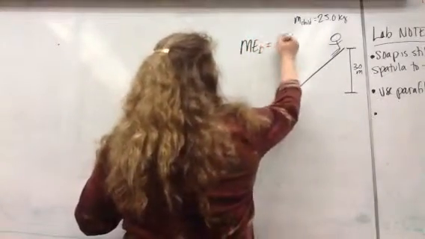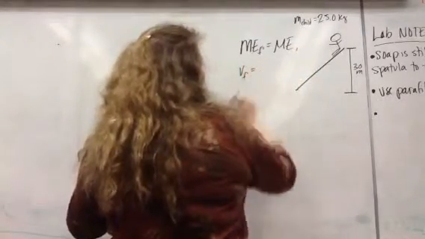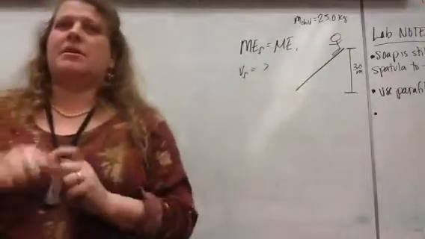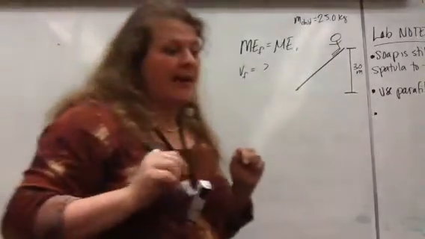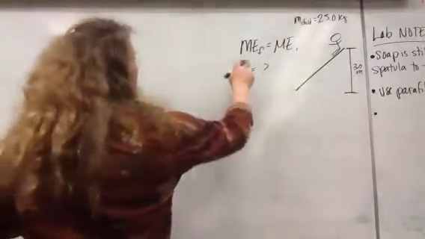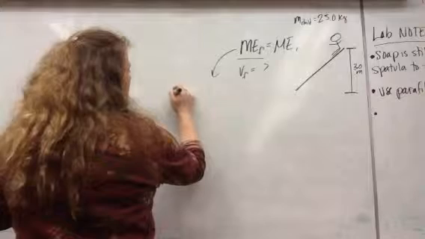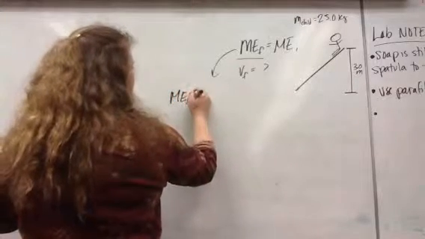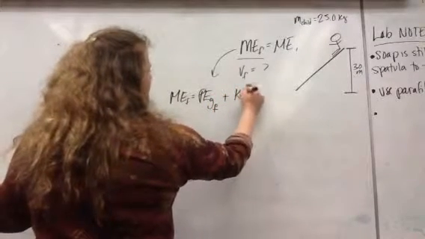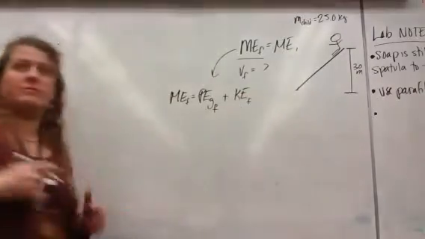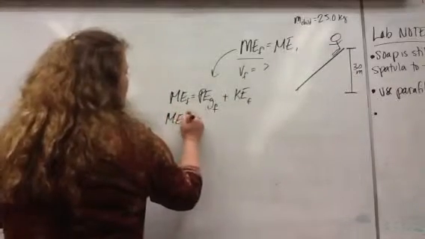So ME final is equal to ME initial. What we want to know is VF. Let's look at the two halves of this equation. We know that mechanical energy final is equal to potential energy due to gravity, final, plus kinetic energy, final.